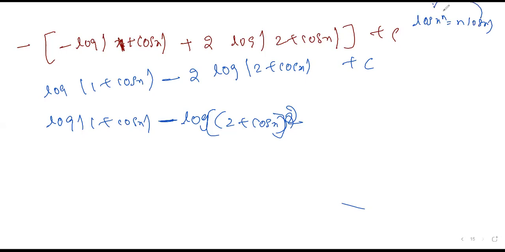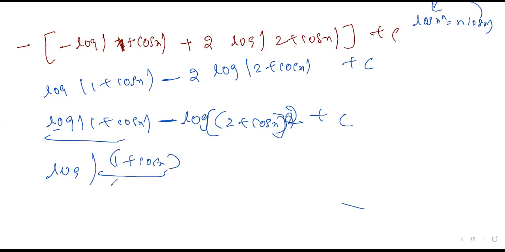So I'll take the 2 here. Why should I take it? Log a minus log b is log of a by b. So log of 1 plus cos x by 2 plus cos x whole square plus c.